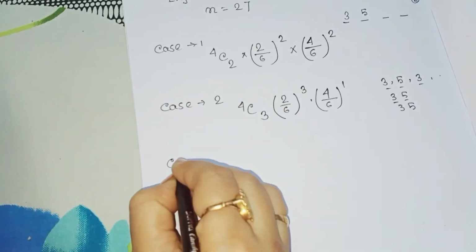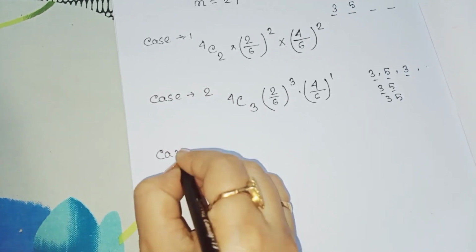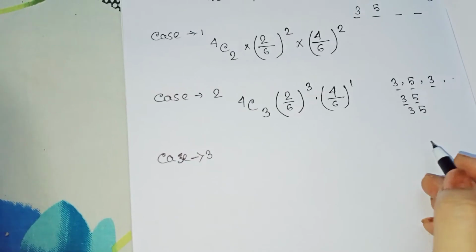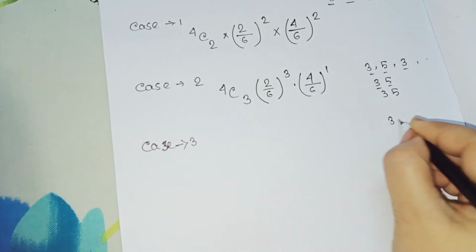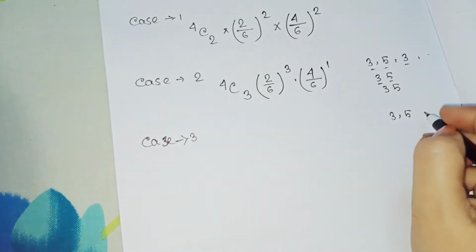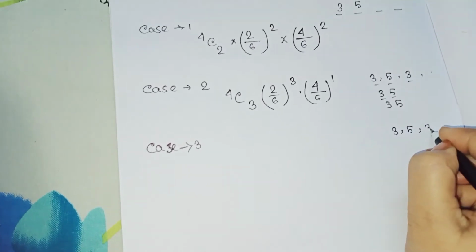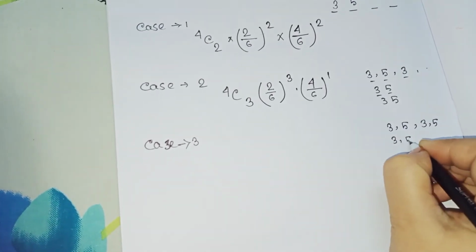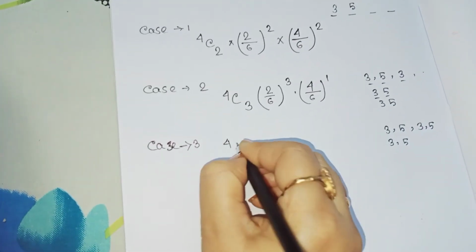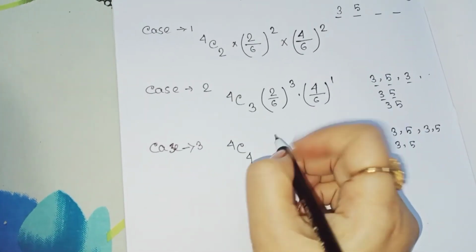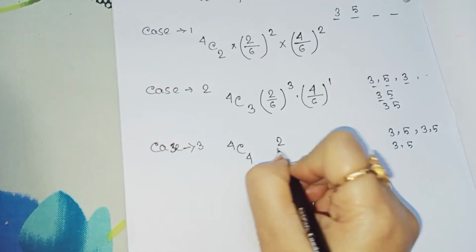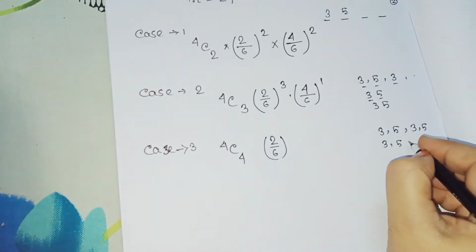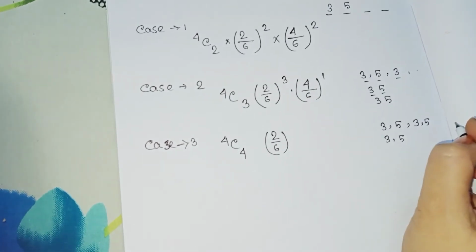And case 3 is that 3 or 5 always happens. So the number of possibilities is 4C4 here, and 3 or 5 always happens 4 times.